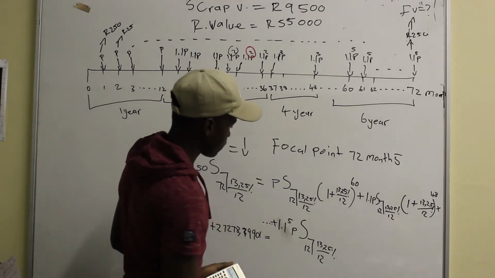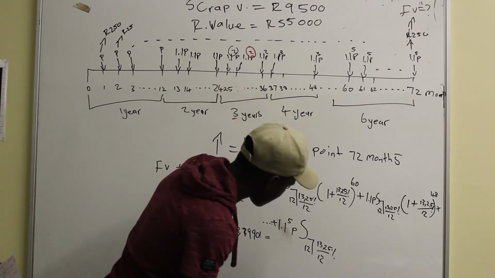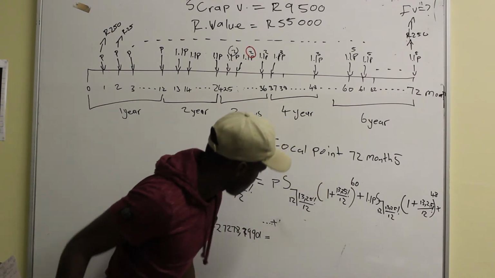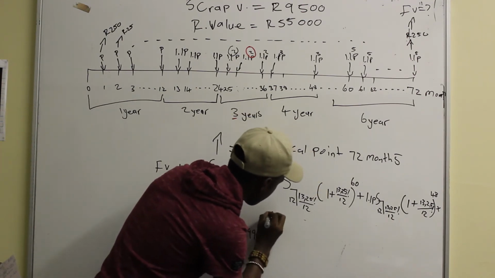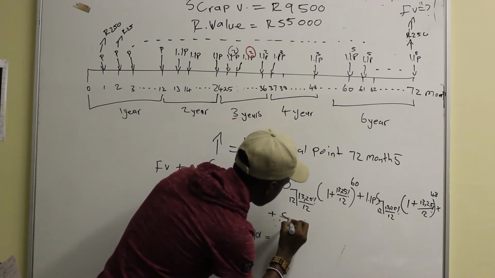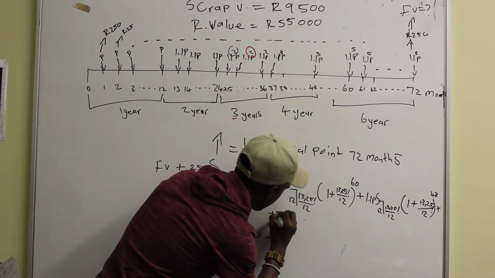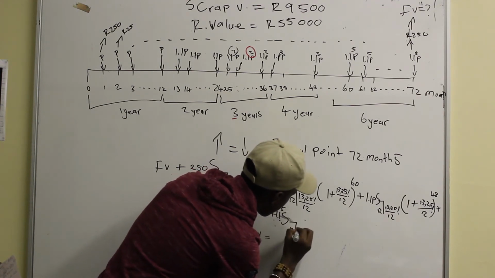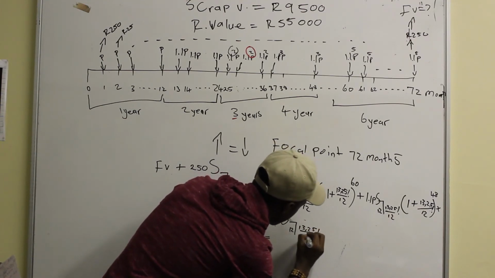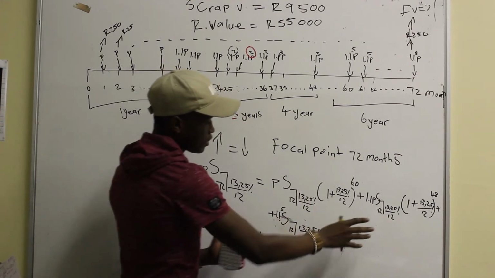So with this side, with how I'm doing it, can I just erase here a bit? Plus. So on this side, what is the common thing that you are seeing here?